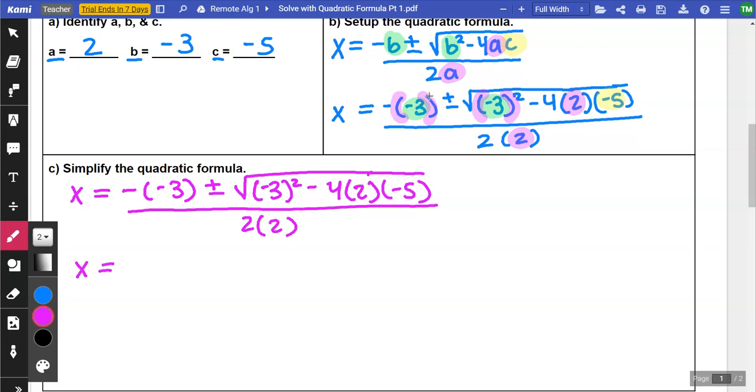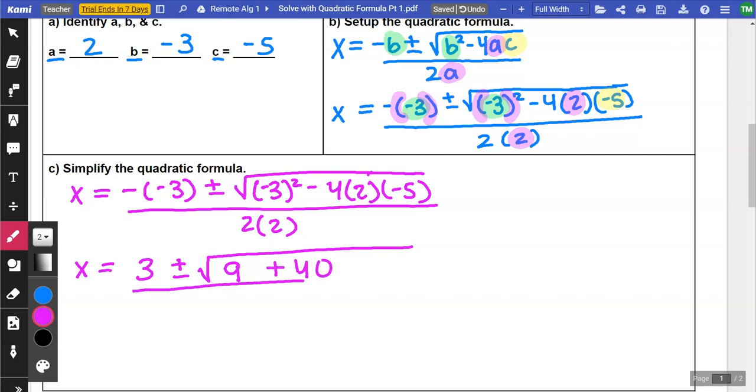So x is equal to the negative of -3 is +3 plus or minus the square root of -3 squared is -3 times -3, which is +9. And then -4 times 2 times -5 is -4 times 2 is -8. -8 times -5 is +40. All over 2 times 2.